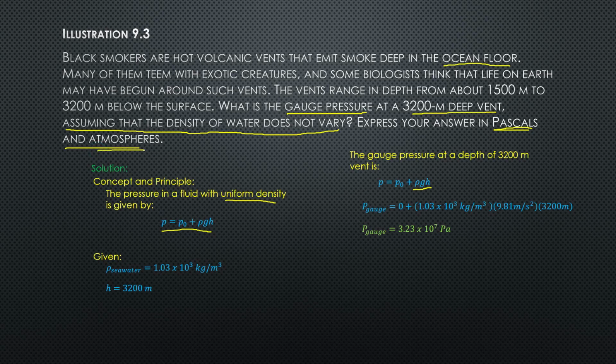The gauge pressure in atmosphere is, converting Pascal to atmosphere, 1 atmosphere is equivalent to 1.013 times 10 to the 5 Pascal. That will eliminate the Pascal unit, and that is in terms of atmosphere. So 3.23 times 10 to the 7 divided by 1.013 times 10 to the 5 gives you 318.85 atmosphere.